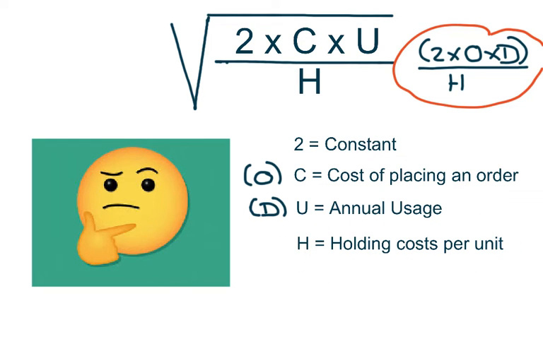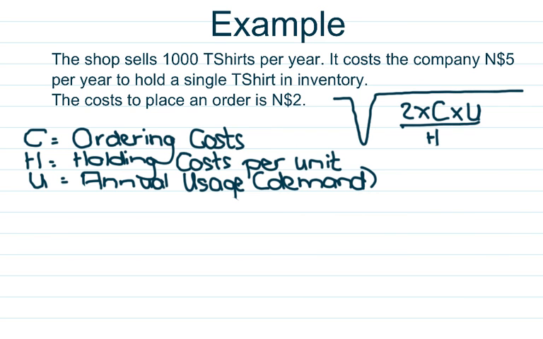So if you go to other textbooks, you may find 2 times O, which is in our example the C, times D, which is the annual demand or the annual usage, then over H, and H is my holding cost. So in this example, my shop sells 1,000 t-shirts per year.